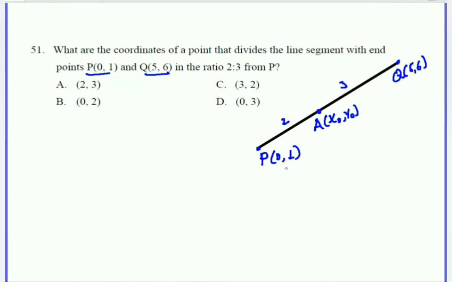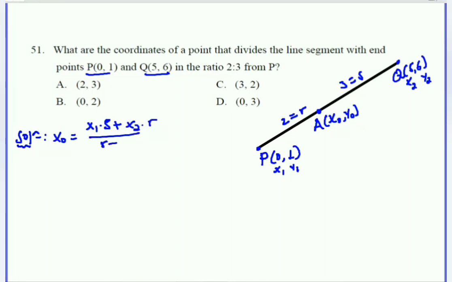So there is a formula to calculate this unknown point. Call this x1, y1, and this x2, y2. Let us give a letter for each: say this is R, and this is S. The unknown coordinate x0 can be calculated as x0 equals (x1 times S plus x2 times R) over (R plus S).